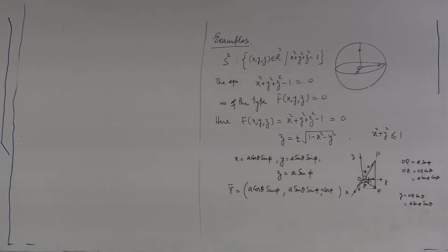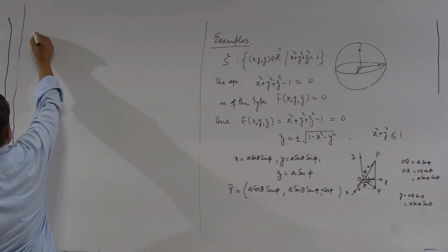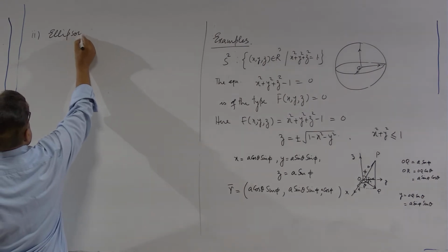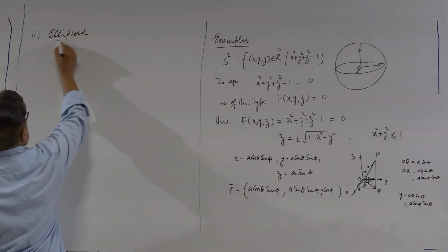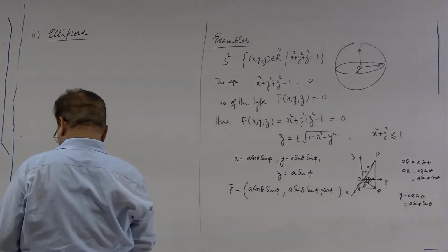Okay. Next is ellipsoid. So, this is example 2, ellipsoid. Ellipsoid, all of us know, is a surface.